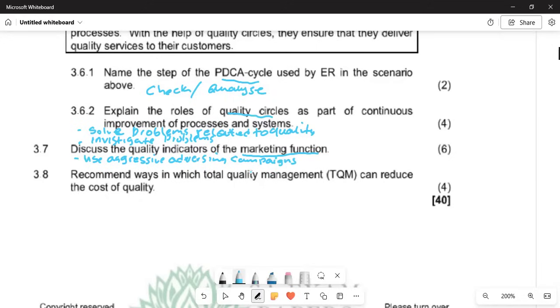How so? Because they are doing that to increase their market share. They do those advertising campaigns so as to increase what? Market share. That is the reason why they do that.